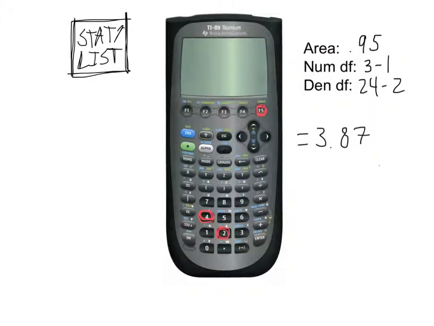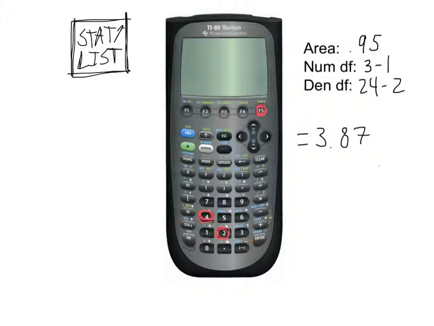Now, within the stat list application, if we go to F5 and then hit 2 followed by 4, we will find ourselves in the inverse F function, where we will be prompted for the area, which we can enter as 0.95 given our confidence level, and then our numerator df, which we can give as 3 minus 1, and our next df we can give as 24 minus 2.